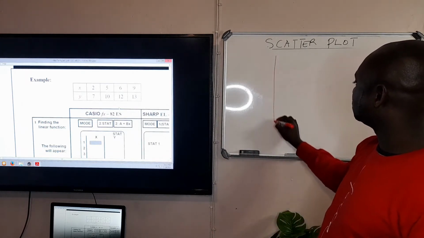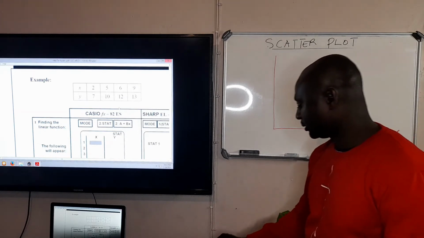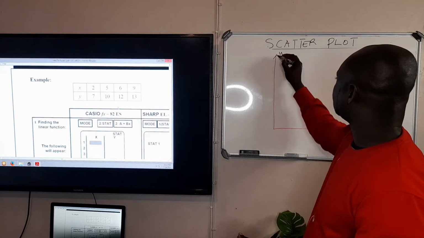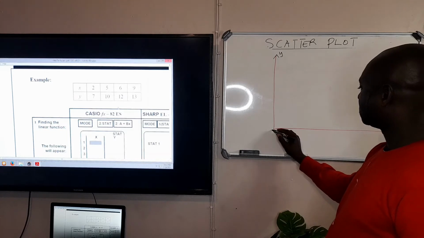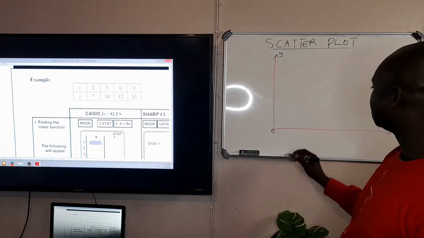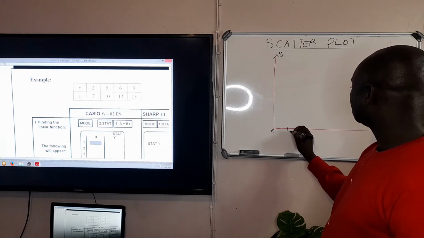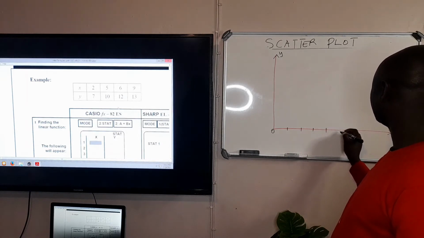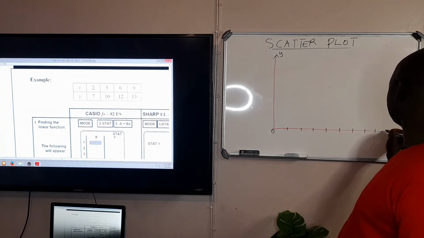On the scatter plot, you have a Cartesian plane. Here is X, and on the other side is Y. You put in the points starting from 0 here. Let's say the maximum number for X is 9, so I go 1, 2, 3, 4, 5, 6, 7, 8, 9.